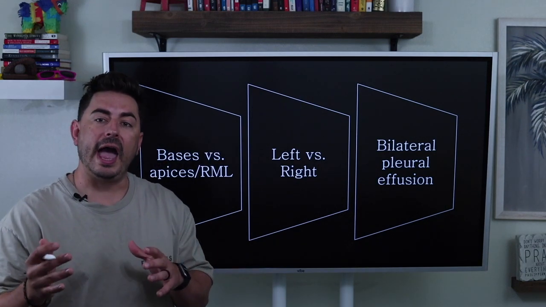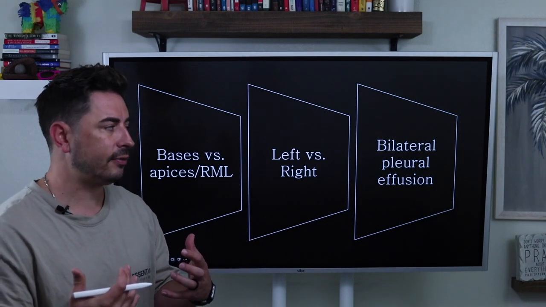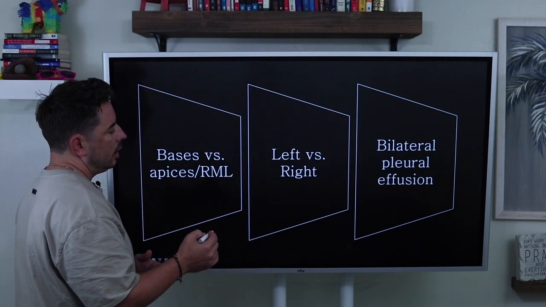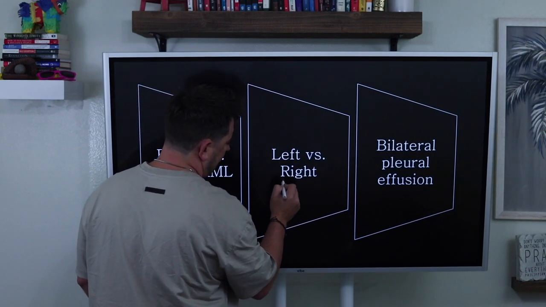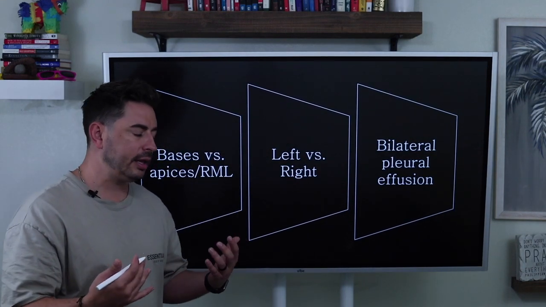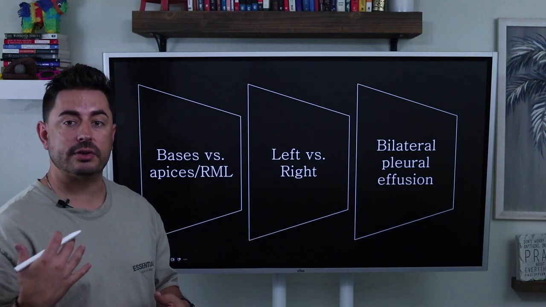Now, when we look at the left lung versus the right lung, one of the things we have to differentiate is whether there is a difference between the left side and the right side. Is there really a difference when it comes to lymphatics on the left lung versus the right lung?